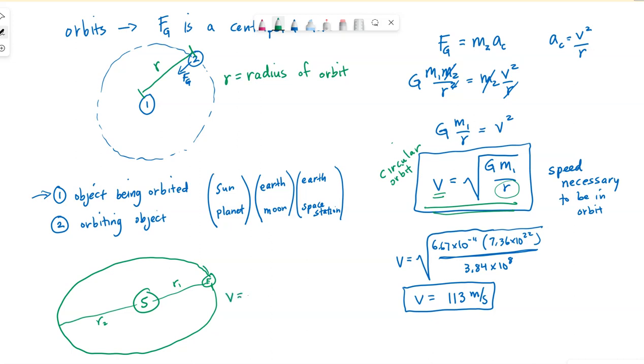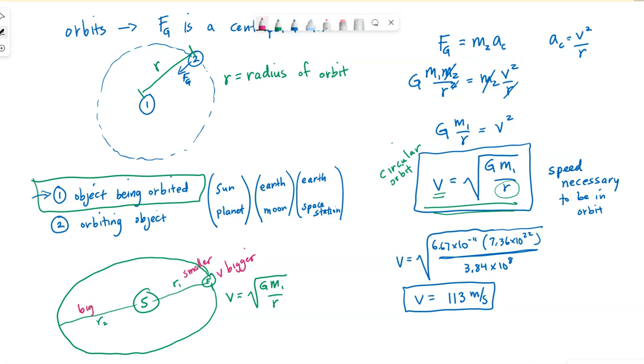Over here, the speed would be the square root of G m1 over r again. Keep in mind, m1 means the object being orbited. And so when the Earth is closer, if r is smaller, then v is bigger.